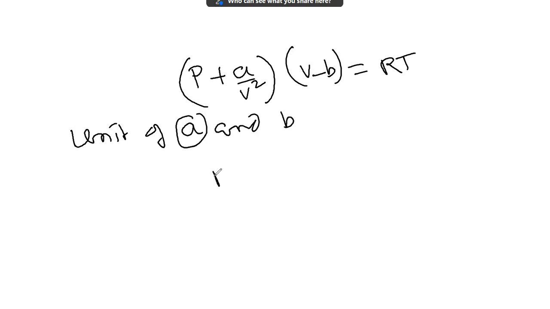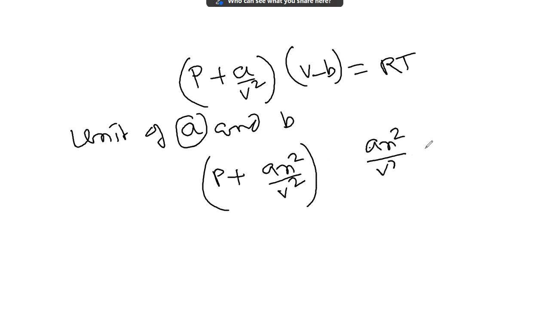For n moles, I have P plus A N square by V square. P has a unit of pressure, so A N square by V square should also have the unit of pressure. Let it be atm. If I make it atm, the unit of A will be atm into V square by N square.